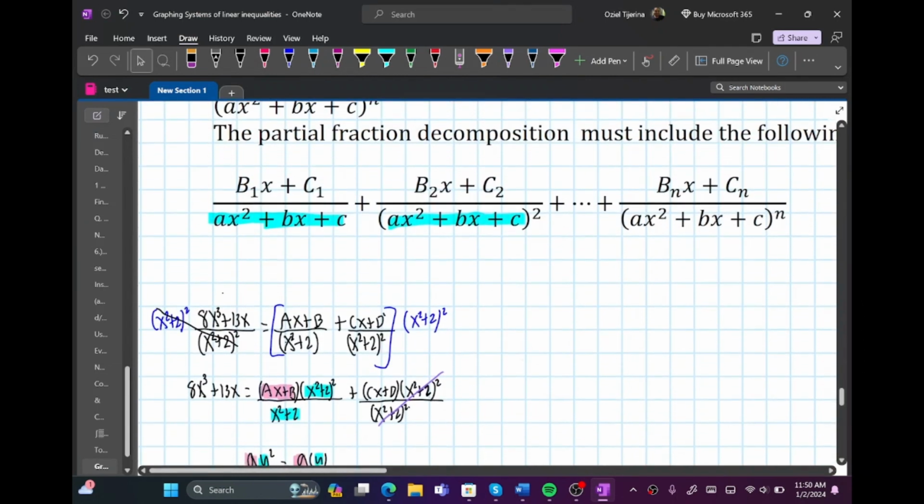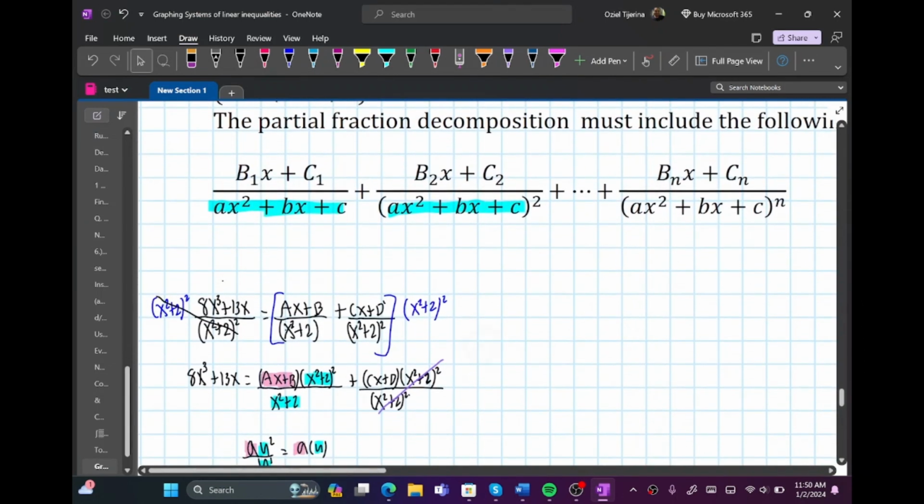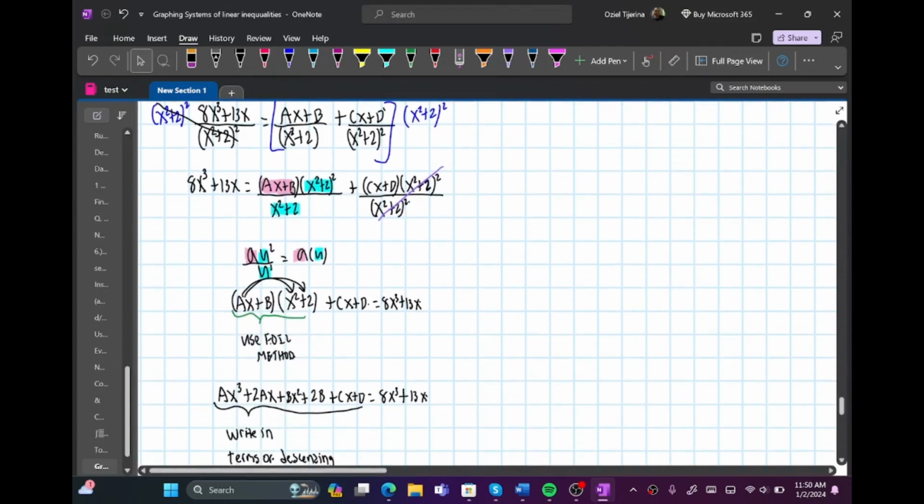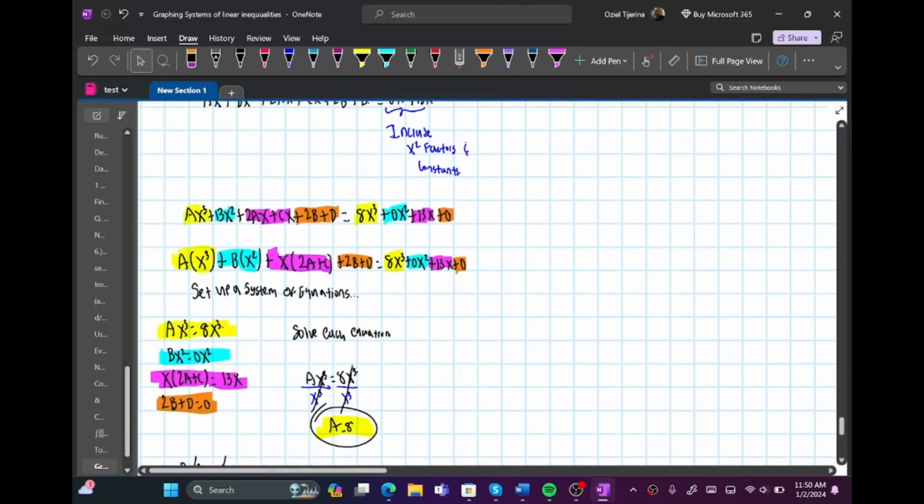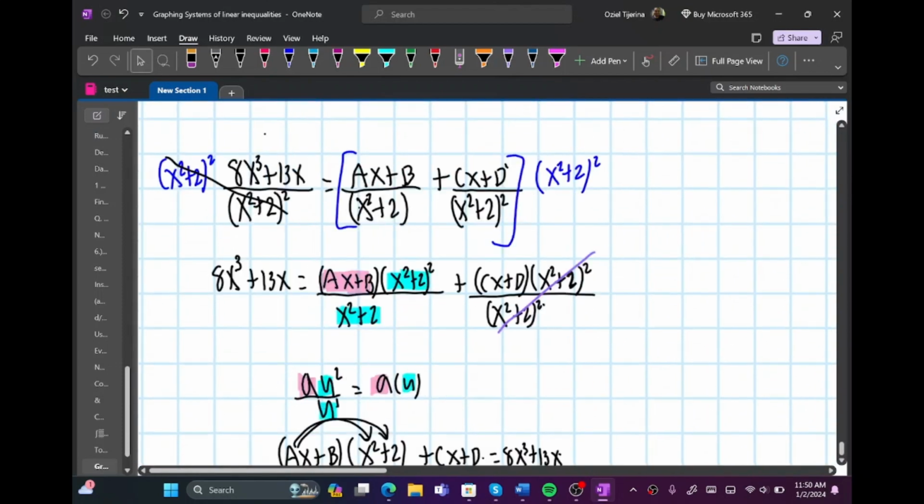So again, let me just rewrite the partial fractions that I came up with.